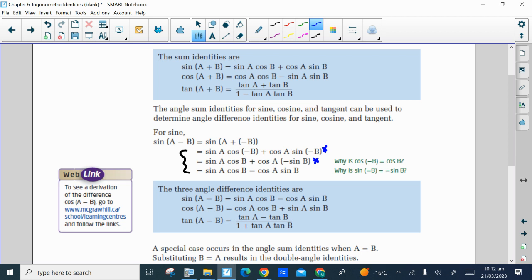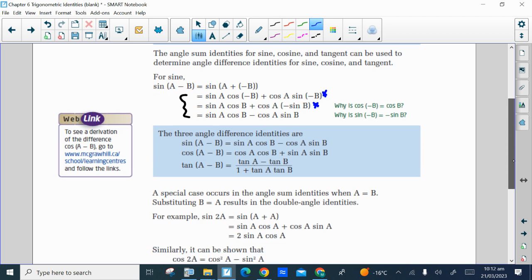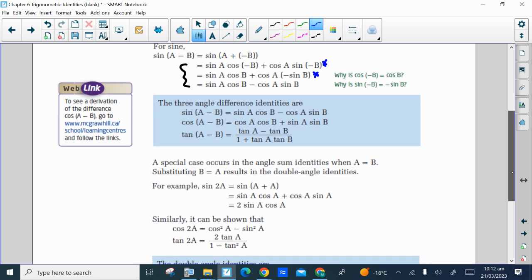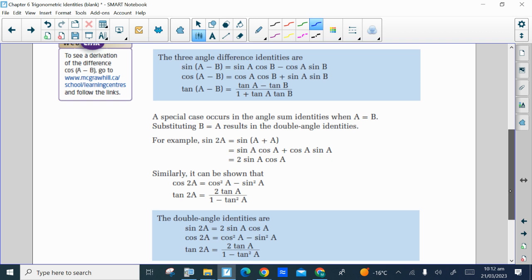They take the sum identities and they replace b with negative b, and they become the difference identities. If you take calculus, you'll see the proofs for these sum and difference identities. But it's not something you need to know for the Math 30-1 curriculum.